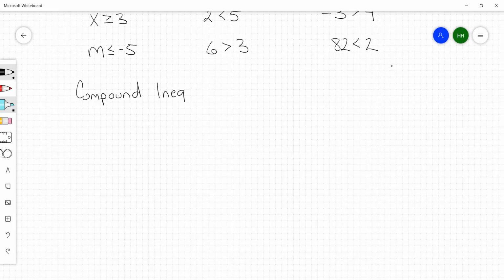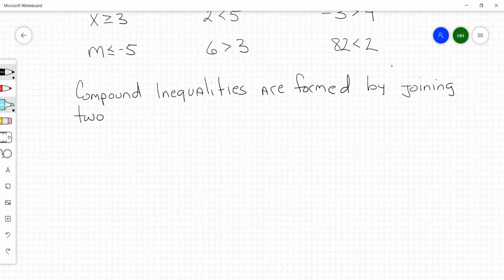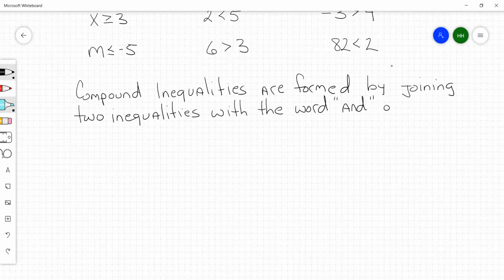Compound inequalities are formed by joining two inequalities with the word "and" or "or."